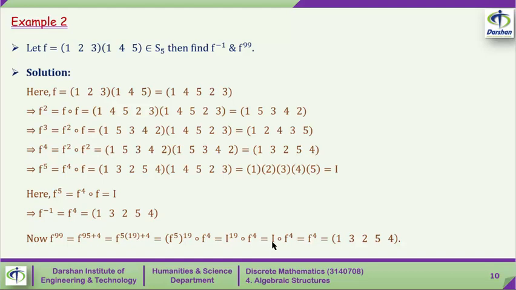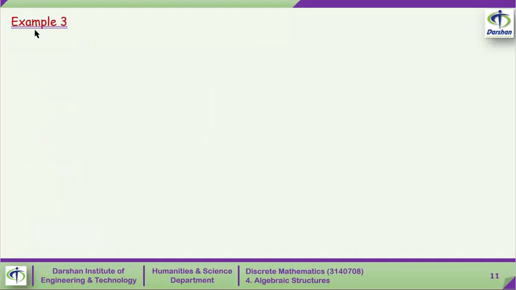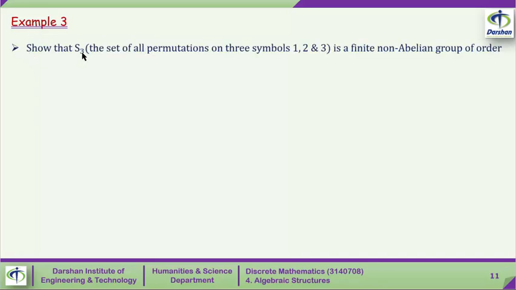Now the identity element composed with f raised to 4, then we get f raised to 4 itself. So we get f raised to 99 is (1, 3, 2, 5, 4).